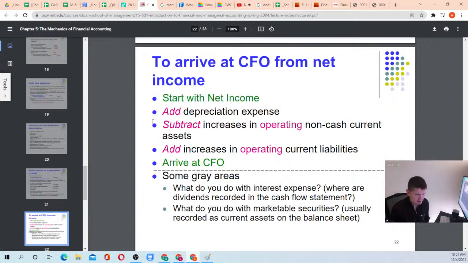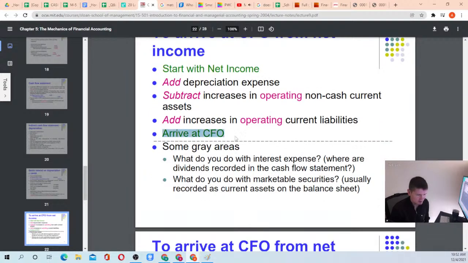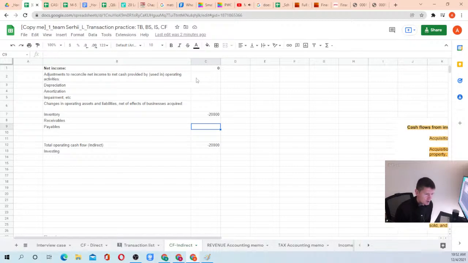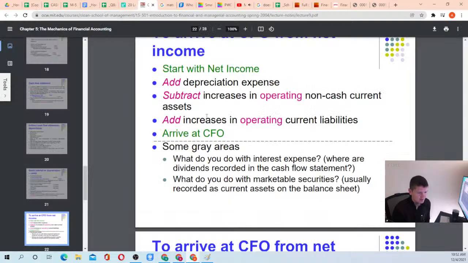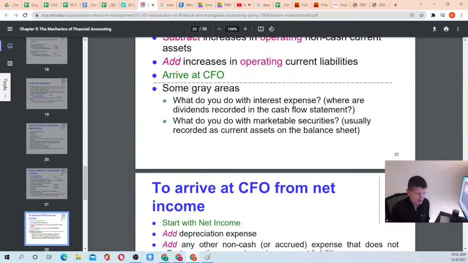We start with net income, add depreciation expense, subtract increases in operating non-cash current assets, and we add increases in operating current liabilities. We obtain cash flow from operations. So basically that's what we are going to practice here. And some gray areas. What do we do with interest expense and dividends? What to do with marketable securities?